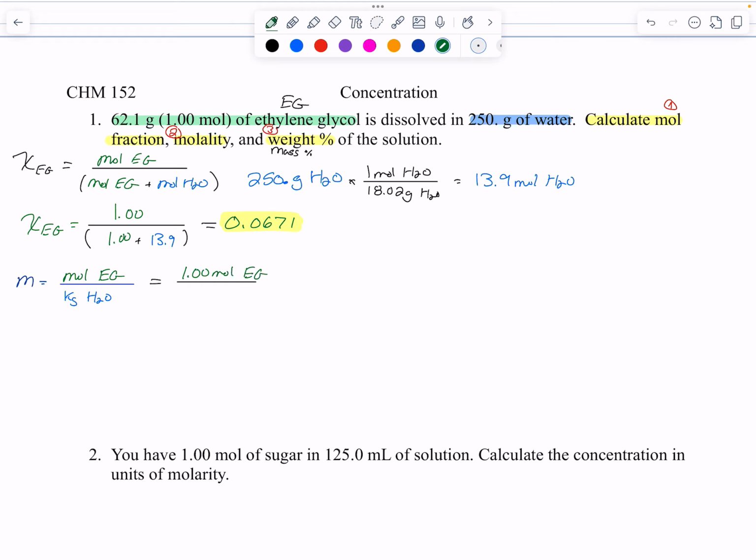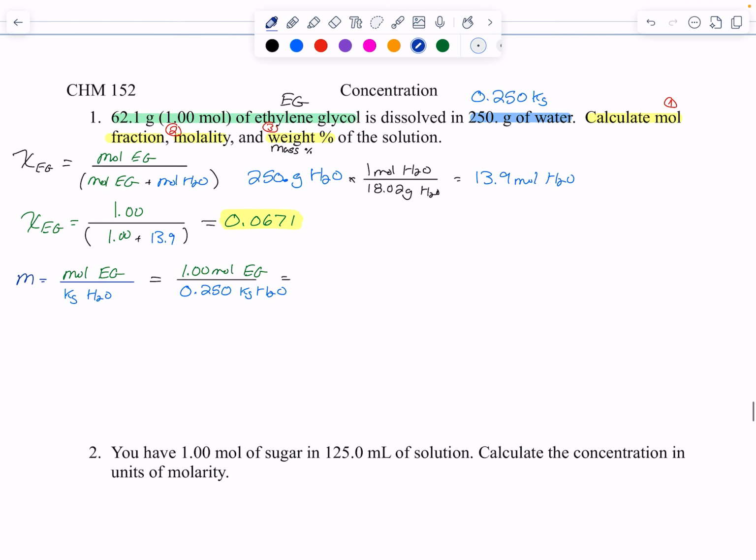And we know we have 250 grams, which is 0.250 kilograms. So 1.00 divided by 0.250 is of course 4. And we have 3 sig figs, so it's 4.00 molal ethylene glycol.